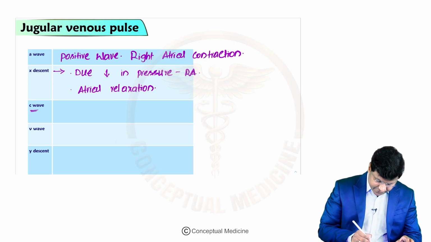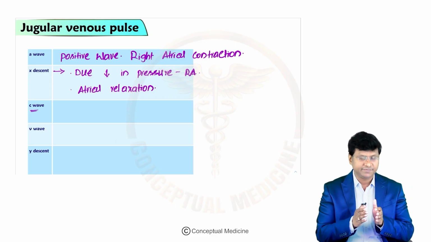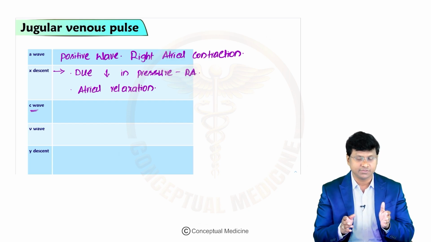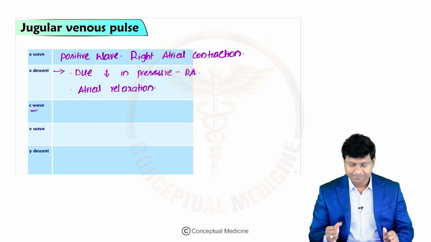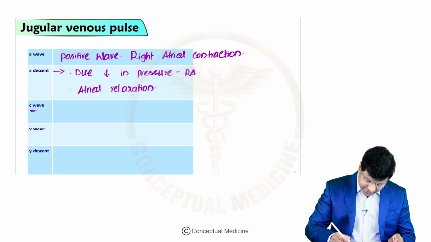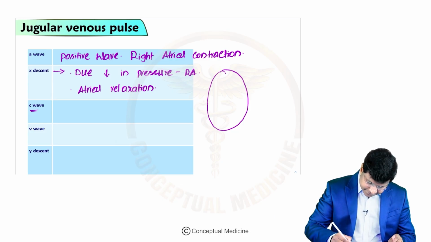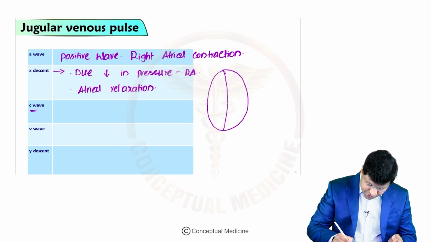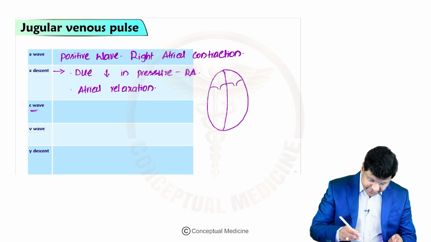And you take the C wave. So you have to understand that whenever the atria is relaxing, what the ventricle will be doing parallelly? The ventricle will be contracting. Okay, so you observe this image. So this will be your 4-chambered heart. So what is the event we are discussing?